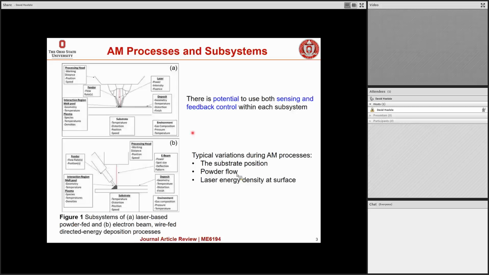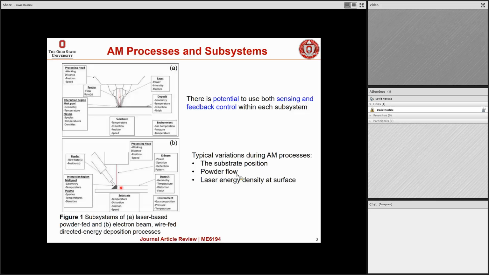Both of these kinds of AM systems include the laser or the E-beam and beam delivery system, the motion control for the substrate, and the feedstock delivery system, like giving the powder or giving the wire.